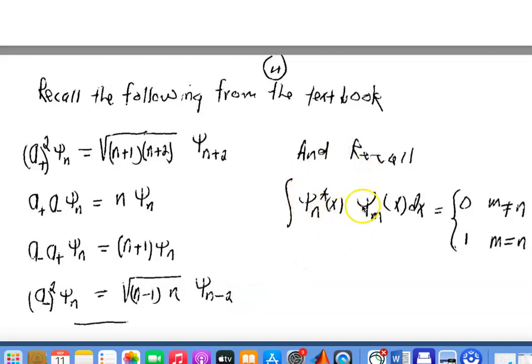I also want you to recall that these are a basis set of functions. I call them sister functions just to show that they are connected with each other.